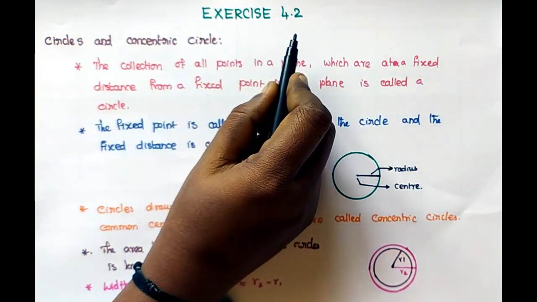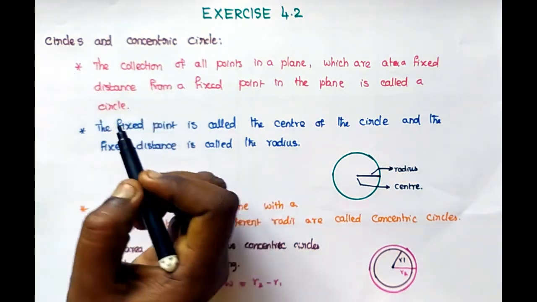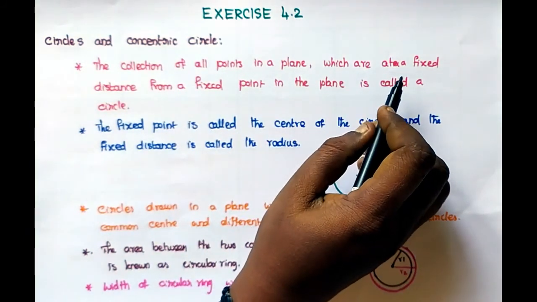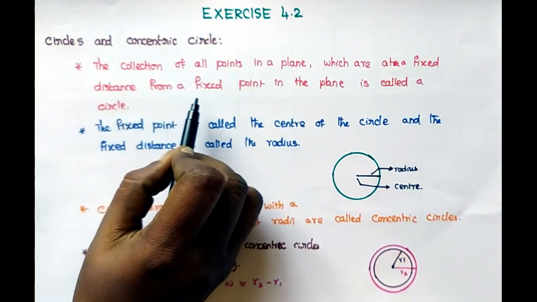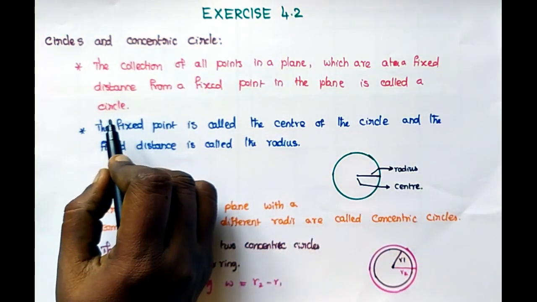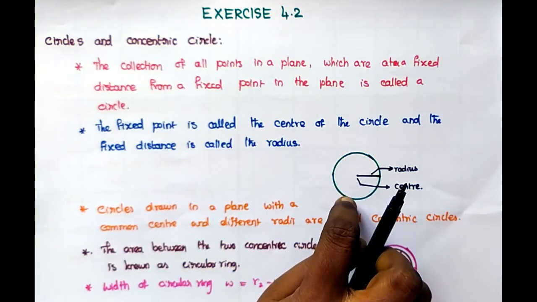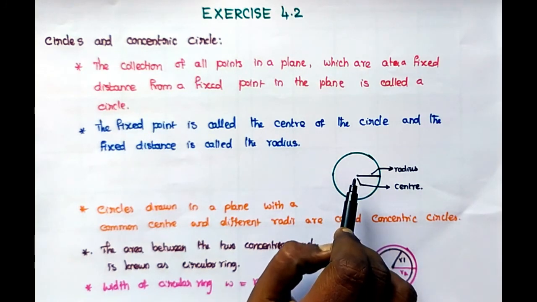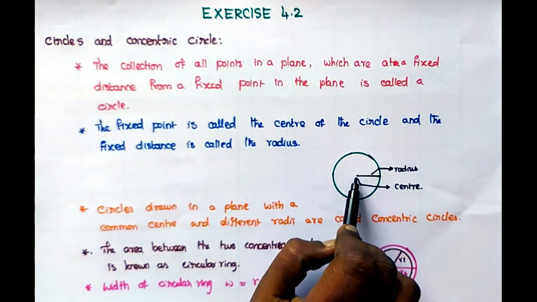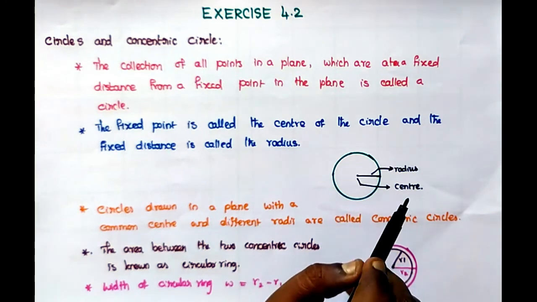Look at this exercise 4.2. Here we discuss circles and concentric circles. A collection of all points in a plane which are at a fixed distance from a fixed point in the plane is called a circle.